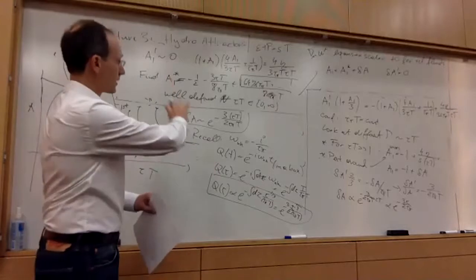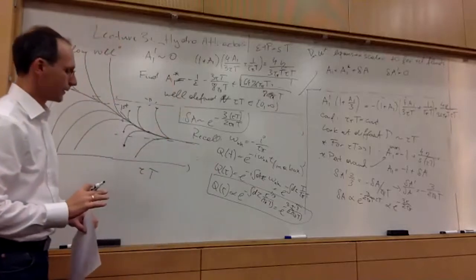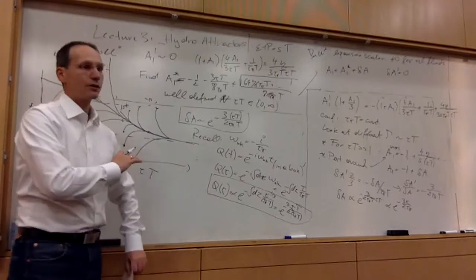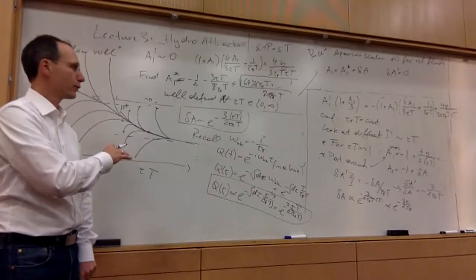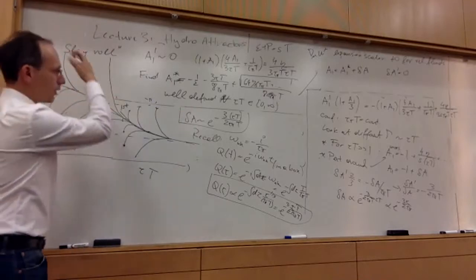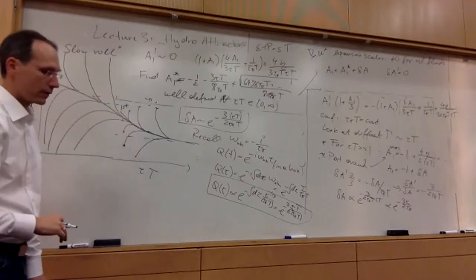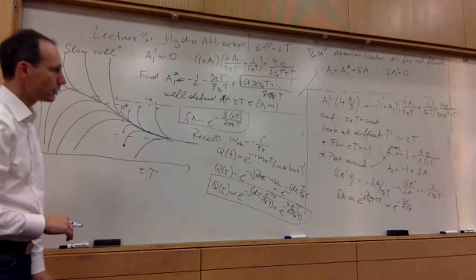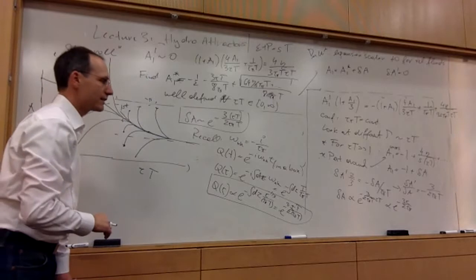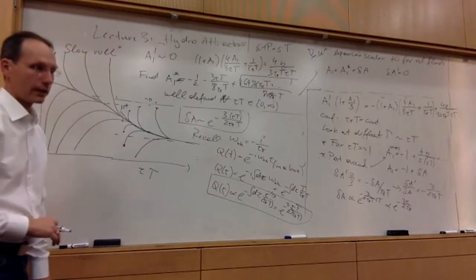So the upshot is that this is an approximation, but it nevertheless captures the physics that there is really this attractor curve. And this attractor curve, to which all initial conditions approximate, generically can only be precisely determined numerically.